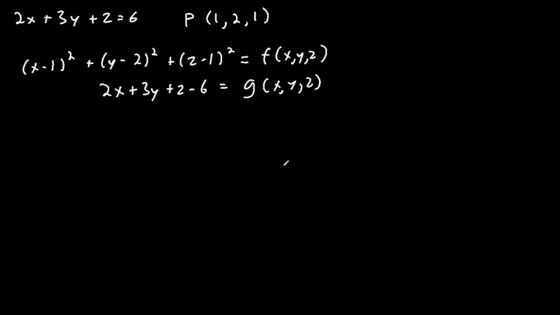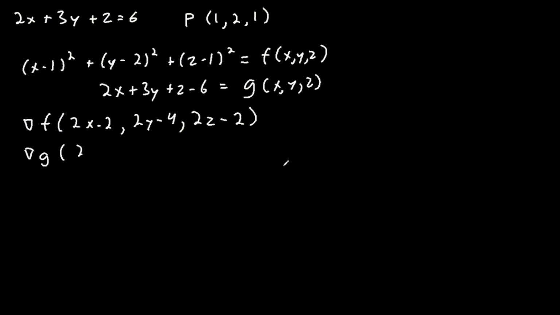What do you have to do in order to solve this using the method of Lagrange multipliers? You need to find each of the gradients. So the gradient of f is 2x minus 2, the y partial is 2y minus 4, and the z partial is 2z minus 2. Notice how I just used the power rule. I brought down the 2, and I distributed the 2 along in these parentheses. So the gradient for g now is 2, 3, and 1.